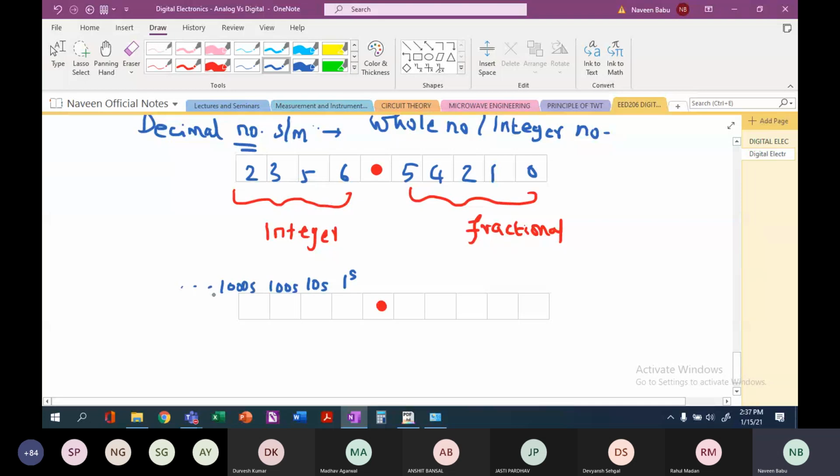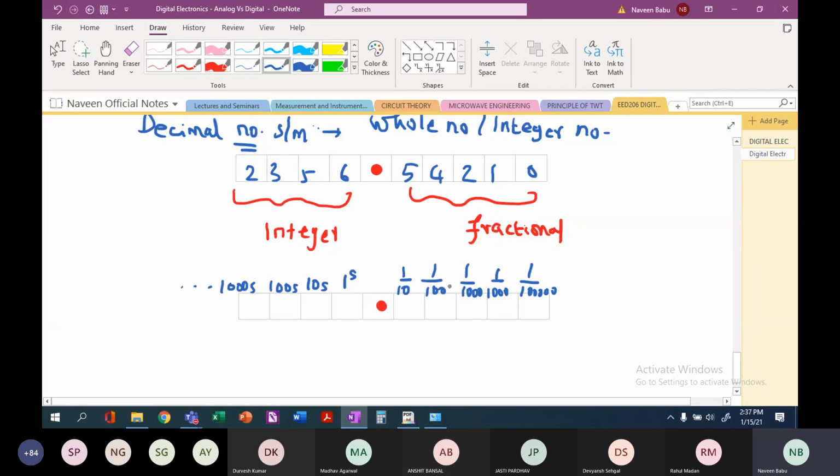Likewise, it will keep on going. Similarly, on the right hand side, this position is 1 by tens, 1 by hundreds, 1 by thousand, 1 by 10,000s, 1 by a lakh position.